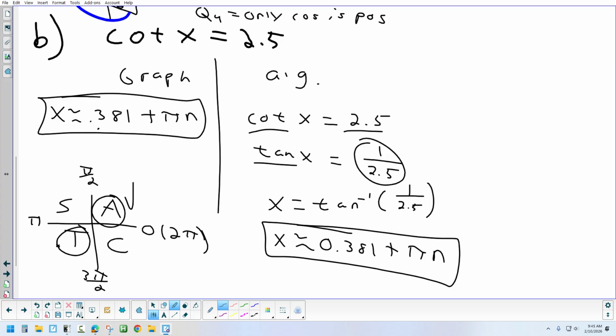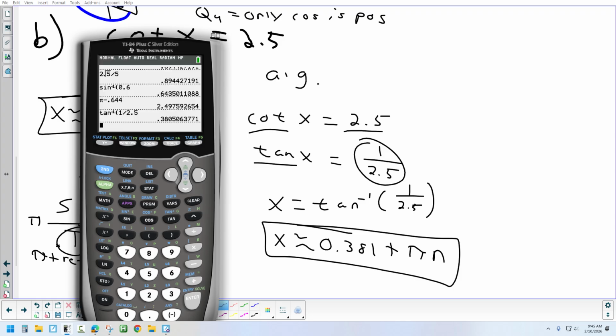Why don't I need to write it down? The other answer is pi plus my reference angle. So if I took pi and I added 0.381, well, pi plus 0.381, that is the other answer. 3.522 or 3.523.